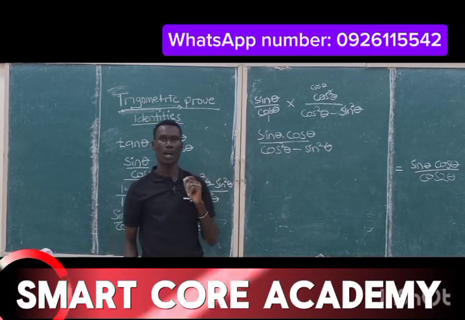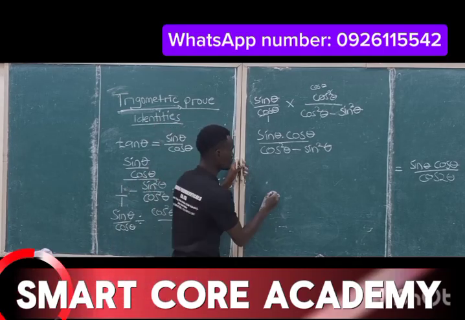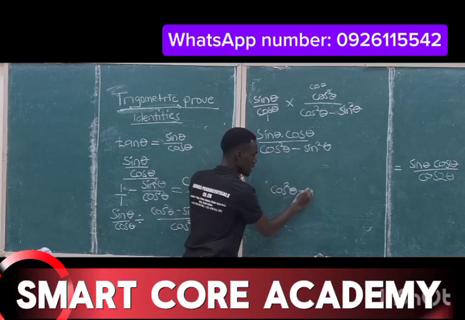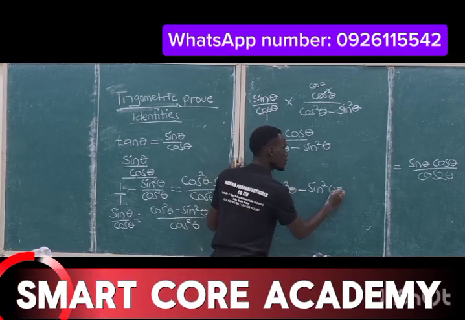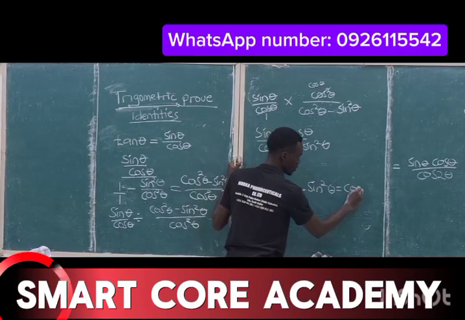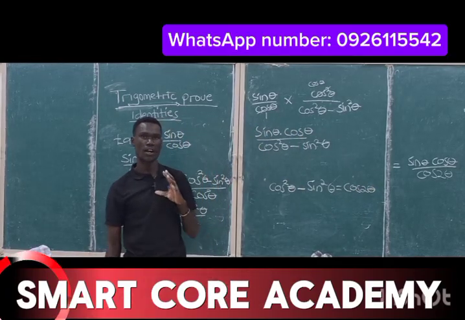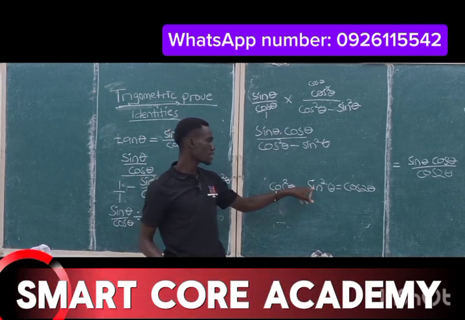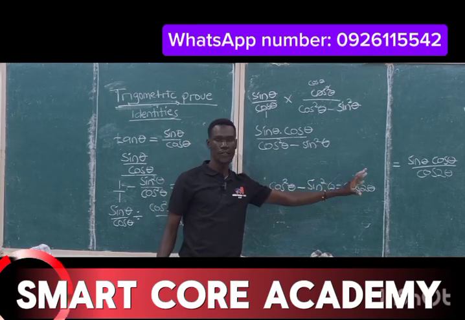Now let's go back to our double angle identities. It says that cos square theta minus sine square theta is equal to cos 2 theta. This is among the rules that we have just seen before.